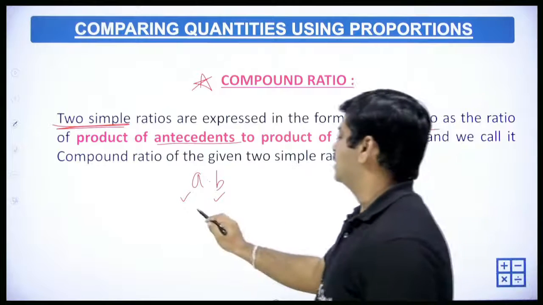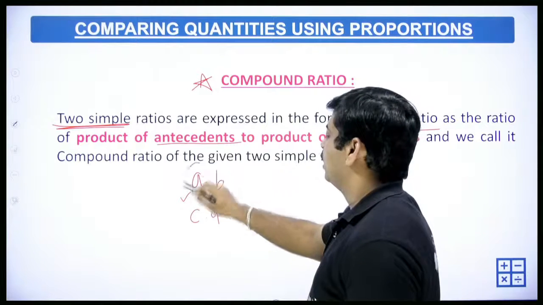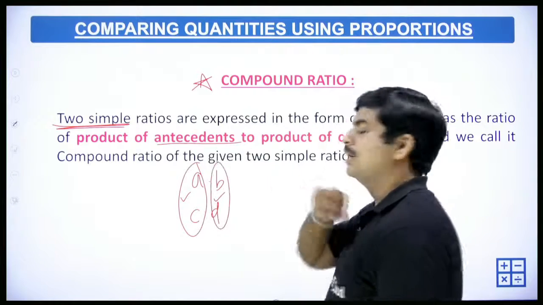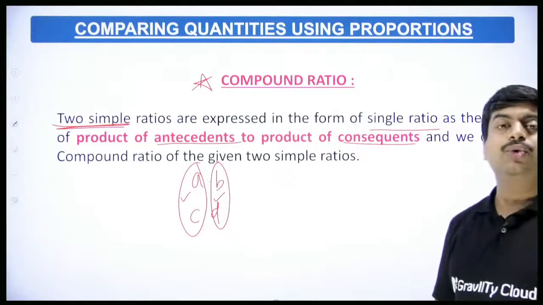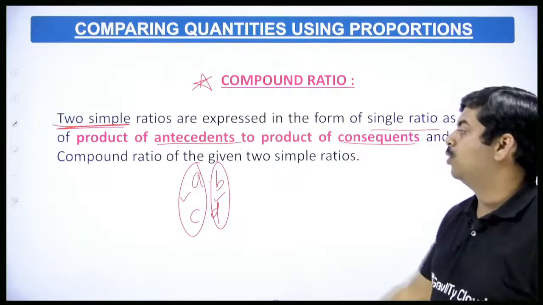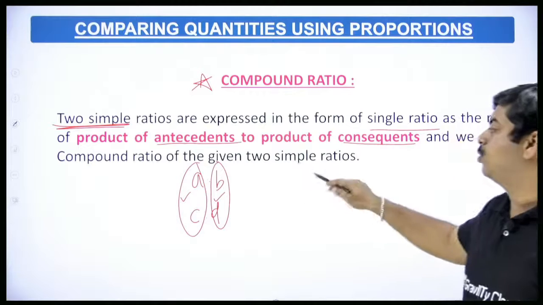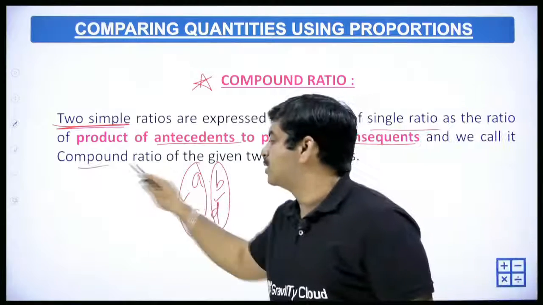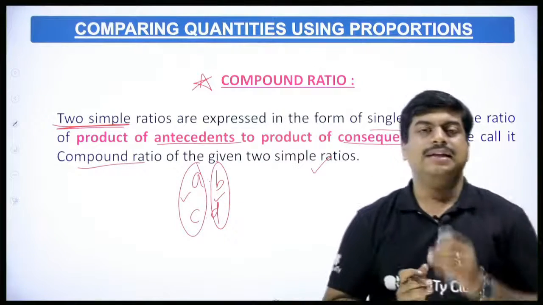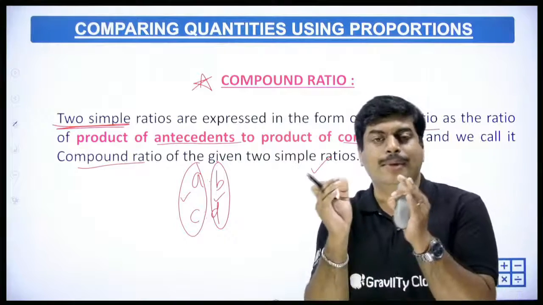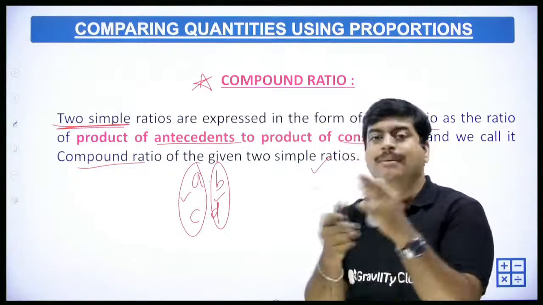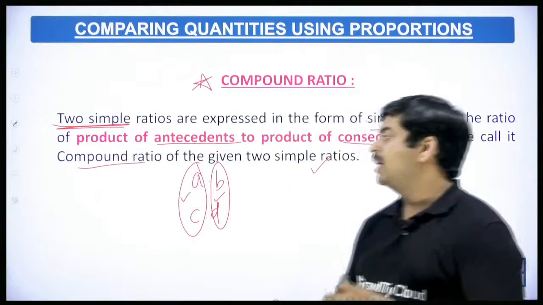Okay, AB is there, CD is there. So if you multiply AC and BD, we say that the newly formed ratio is called the compound ratio of the two simple ratios. The name itself says compound. Generally, compound is used for a mixture of elements or things together.